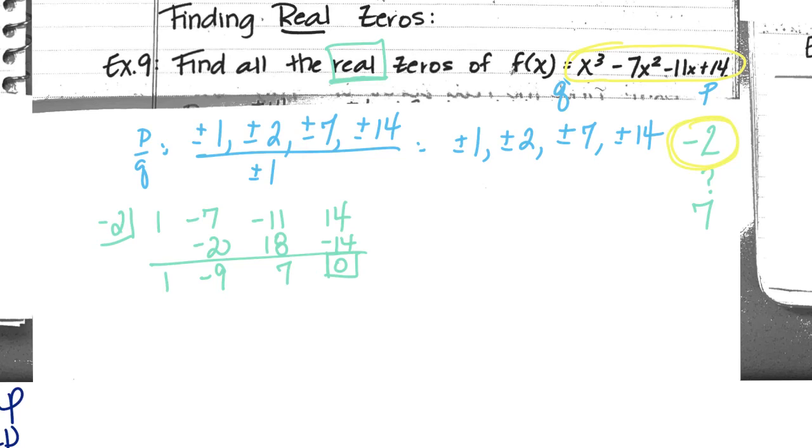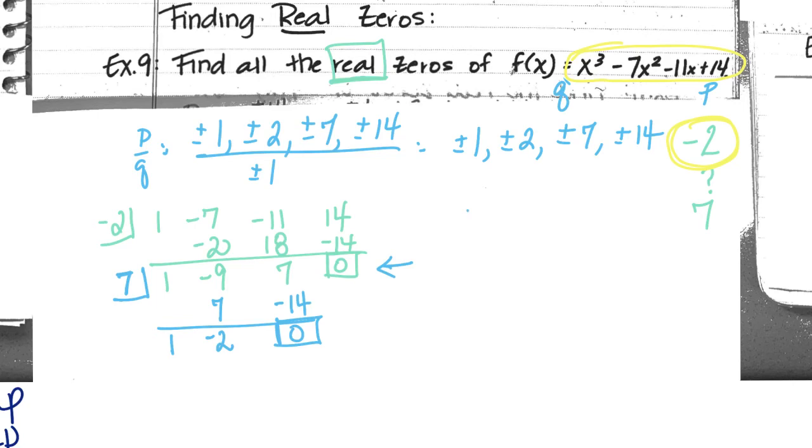So I'm going to go ahead and continue with a 7 here, because now this kind of makes it a little shorter. Add down, multiply up, add down, multiply up. Well, that didn't work.